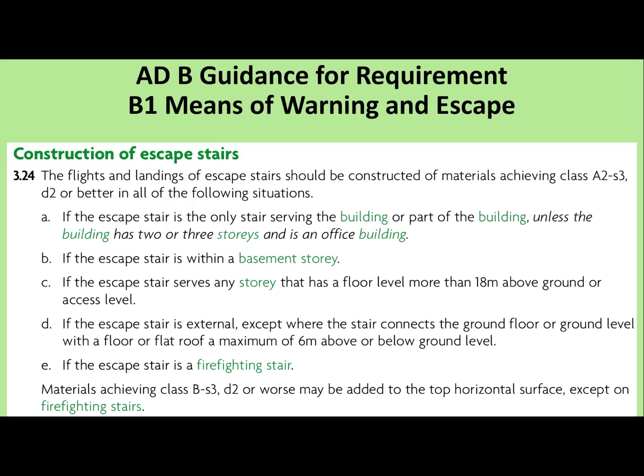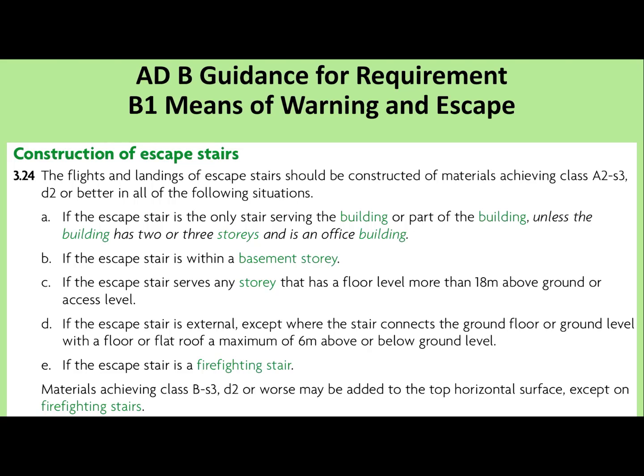Now, the reaction to fire tests find their way right throughout the guidance of ADB, and here are just two or three examples that I've pulled out almost at random. If it's a single staircase, if there's only one staircase and it's over 3 storeys high, for argument's sake, the material of the staircase must be A2, S3, D2.